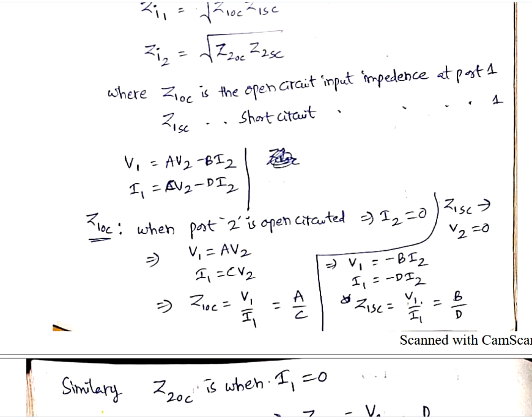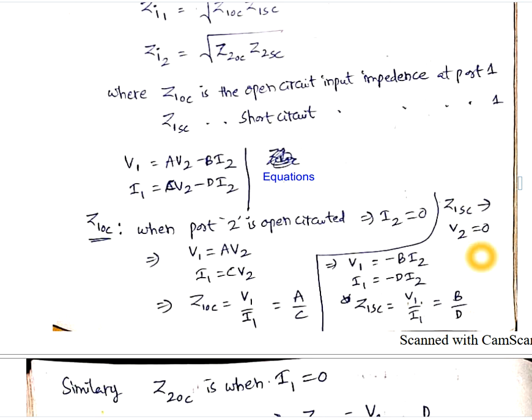So if you use the equations of two port networks, these two equations, and substitute the particular condition for determining that particular impedance, you will get the required parameter, that is Z1OC here, because here I2 is 0, right? Then what you will get? You will get directly V1 by I1, which is A by C. Similarly, for getting Z1SC, what we need to do?